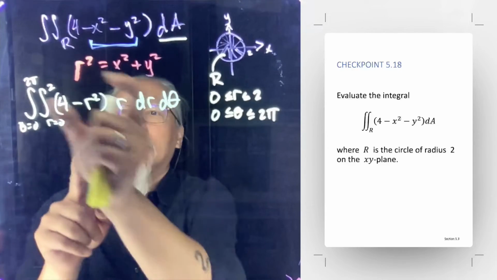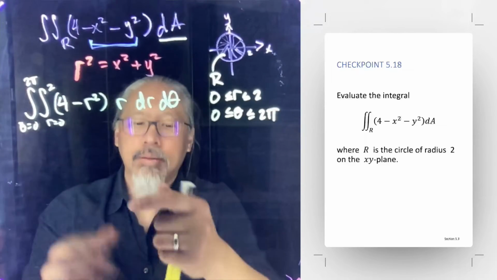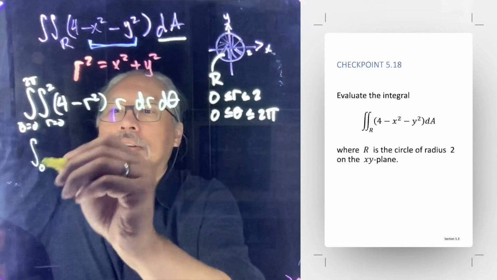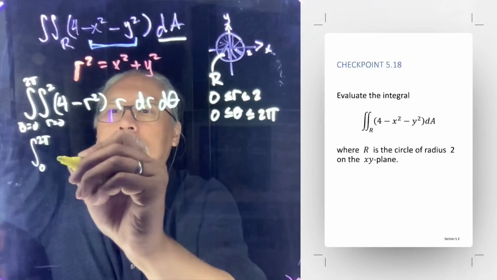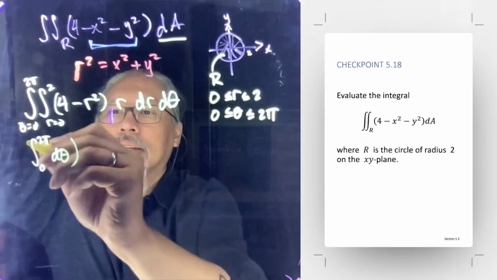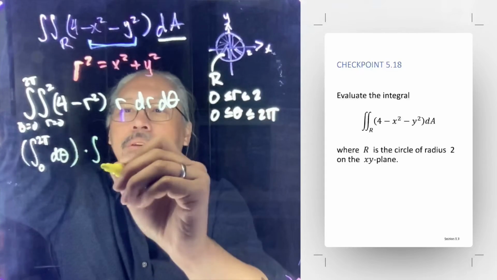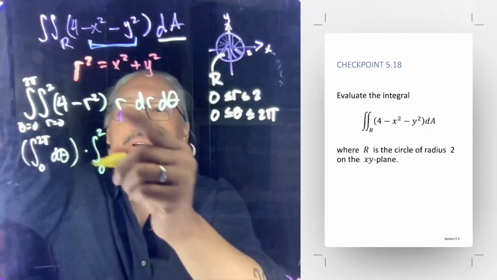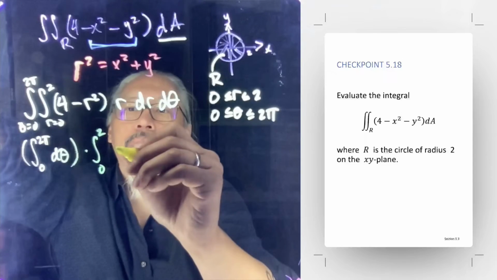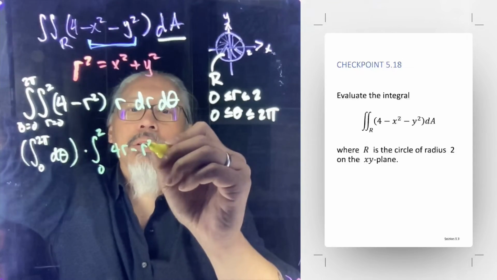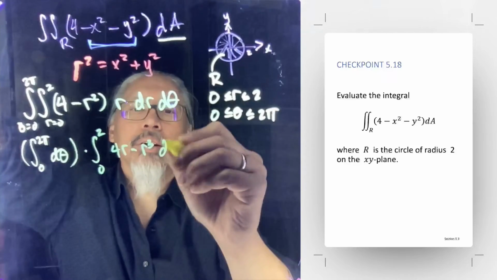We can actually move that out, and then you can have the integral of d theta by itself. So the integral from 0 to 2 pi of d theta by itself, that you can multiply, and then you have the rest of this integral from 0 to 2, and I'm going to go ahead and distribute the r, so I have 4r minus r cubed dr.